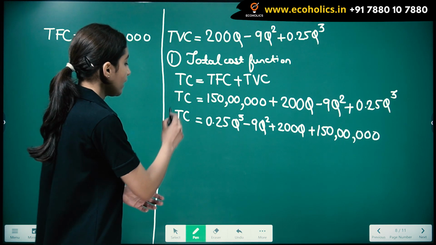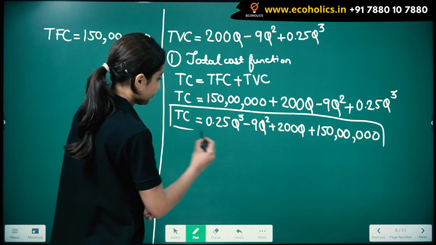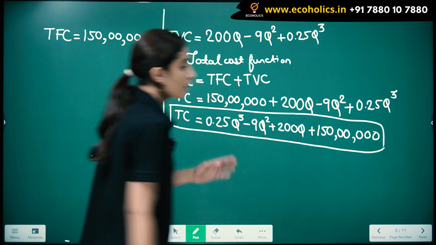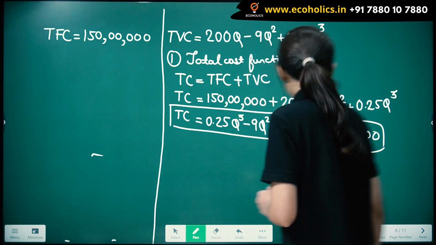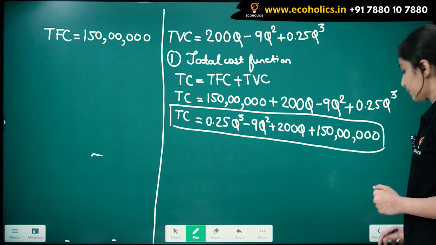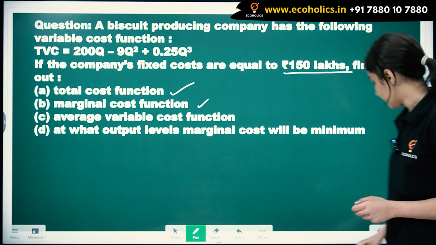So this becomes our total cost function. Now coming on to the second part of the question, second is the marginal cost function.